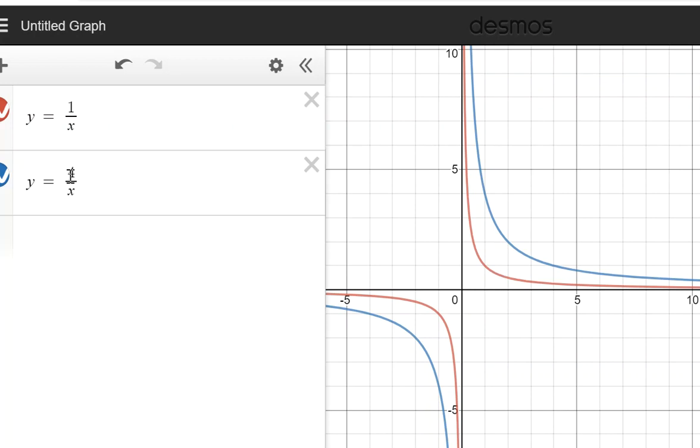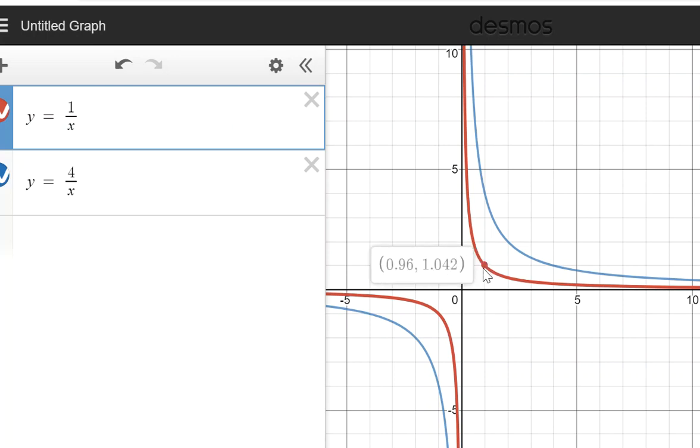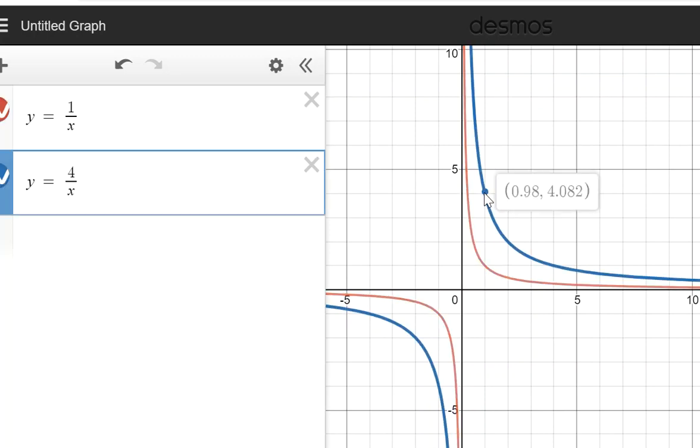The 4 becomes a multiplier. And just like other things, how it affects the height and the stretch of it, that is what is happening here. So on the red, you can see that the point where the arrow is, that's going to be at 1, 1. But if you go to the blue, it's 1, 4. So everything is kind of multiplied by 4 as you go out.